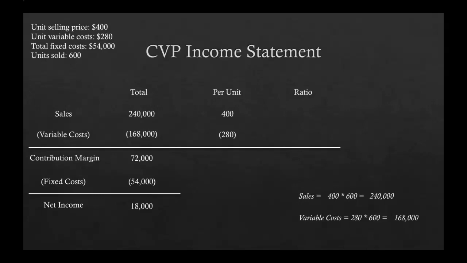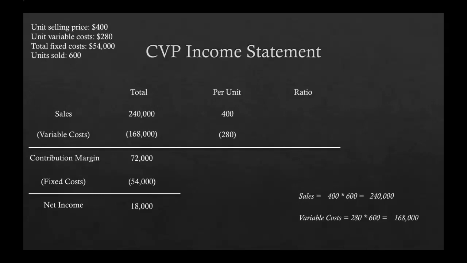Now we can look over at our per unit. Our per unit, along with our ratio columns, are only going to go through the contribution margin. It's just sales, variable, and contribution margin. There are a few different ways that we could find our contribution margin per unit. We could take our 72,000 and divide it by our number of units sold.